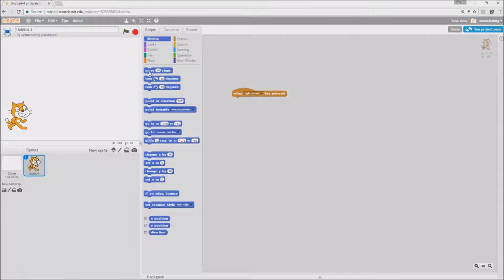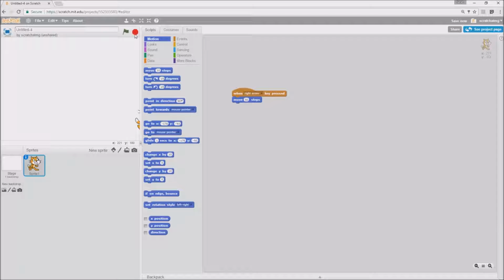Go to the blocks, move 50 steps whenever I press the right arrow. So let's try that. He's going to go plus 50. And I'm going to click out of there. And so he's going to be moving 50 units, steps, every time I hit the right arrow.